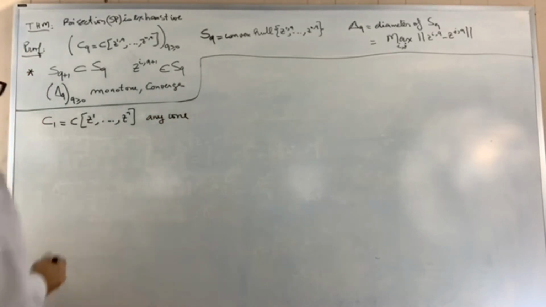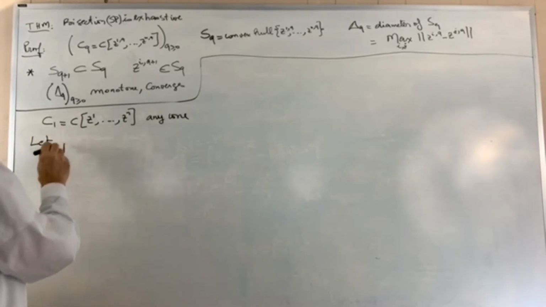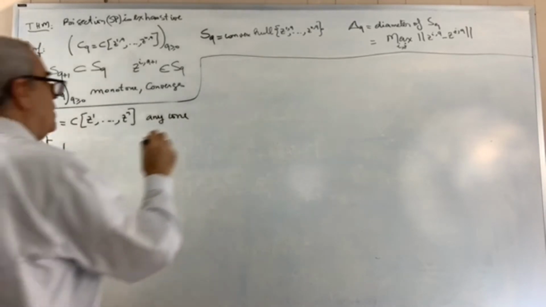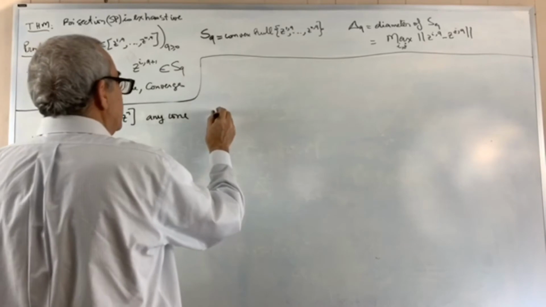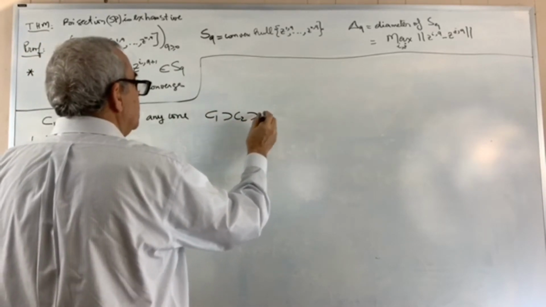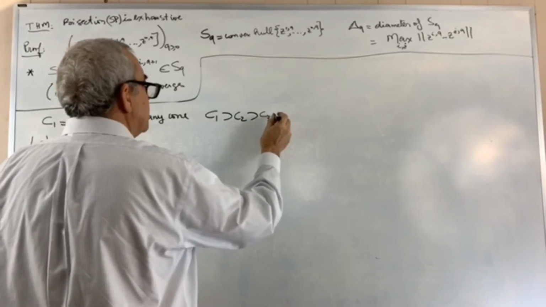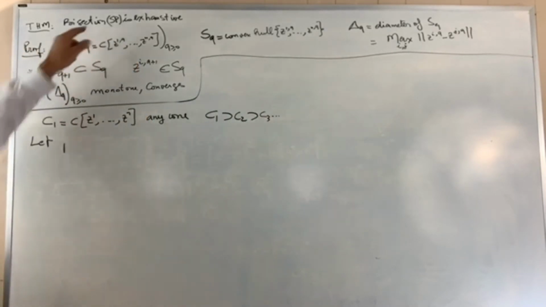Okay. Now I'm going to define P. First of all, take any cone, and then I'm going to subdivide it. So I'm going to have C1 inside C2, and then containing C3, etc., through the bisection process.